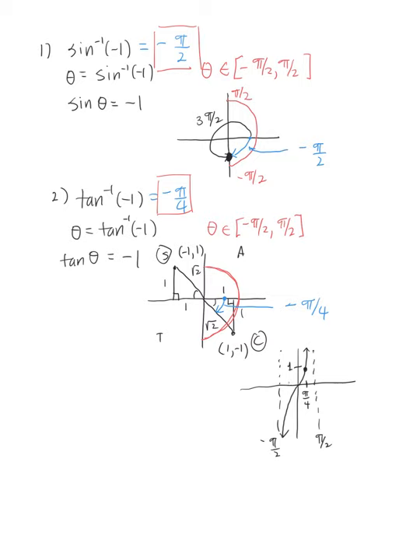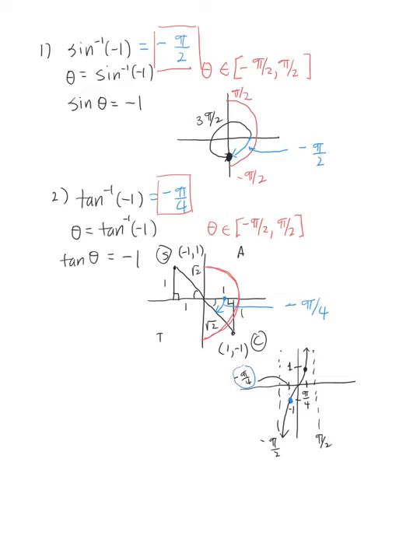And at negative pi/4, this point is always going to be -1. So you can think of it as arctan of -1 giving us -pi/4, because at this point it's going to assume -pi/4.